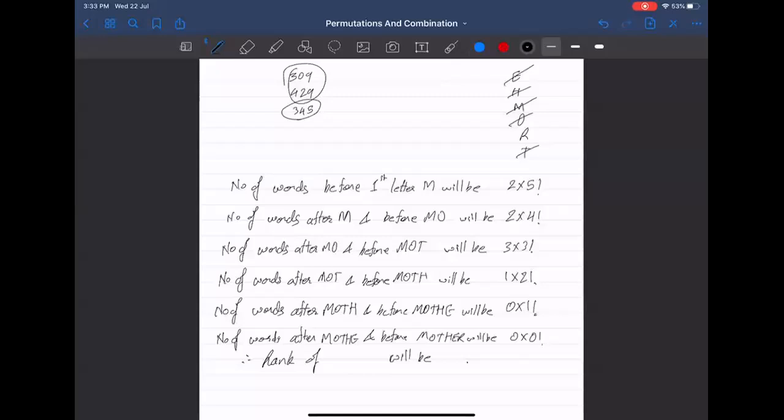So finally this will be 0, 2, 6, 3s are 18, this is 24, 48. Is that right? Yes, sir. And this will be 120 into 2, 240. So 240 and 20, 260, 308. So the rank of MOTHER will be 309.